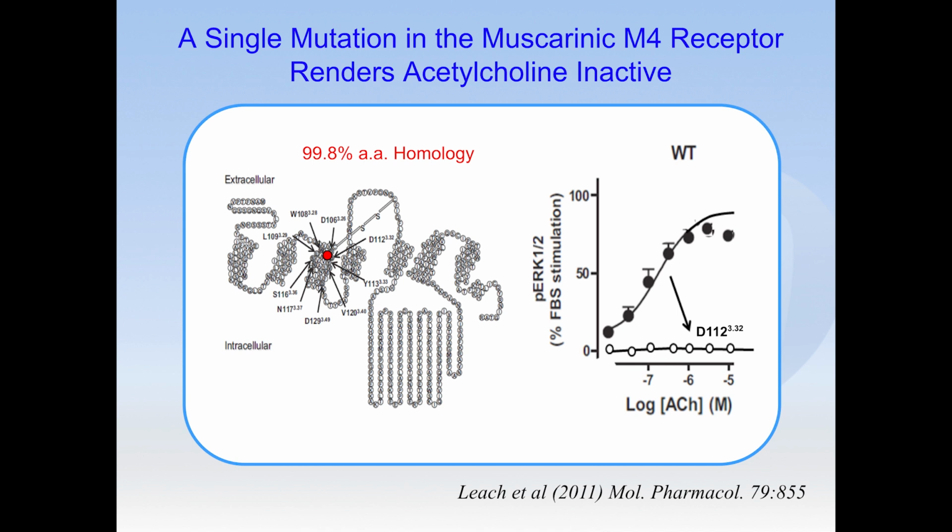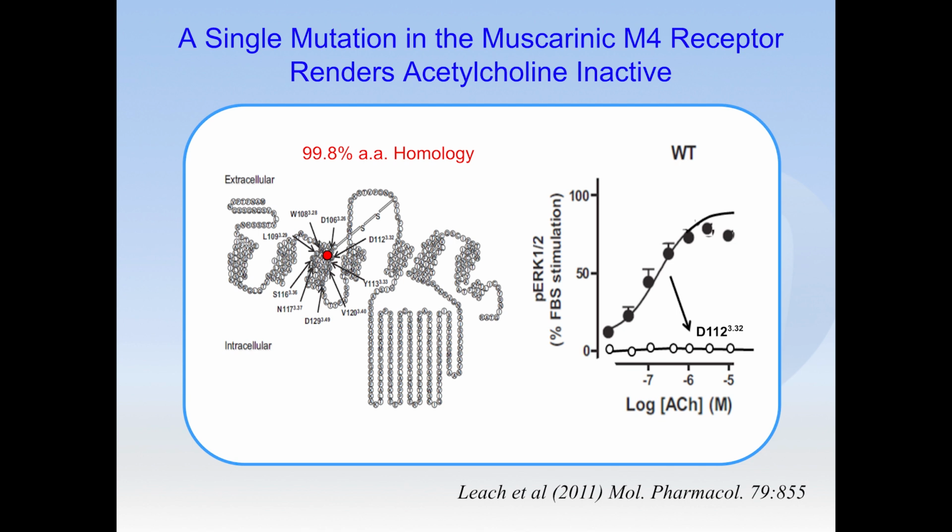Yes, I do. And again, this may not happen in all cases, but here we have some data from Katie Leach, and she showed that when you do a single amino acid mutation of the muscarinic receptor, you make it totally inoperative to acetylcholine, which is a pretty drastic effect.